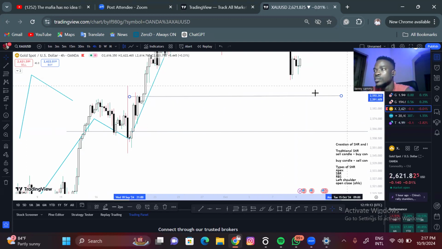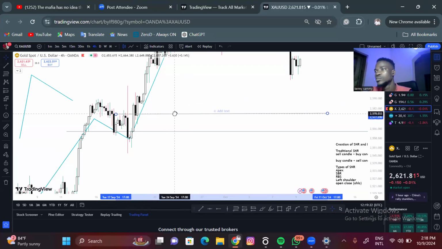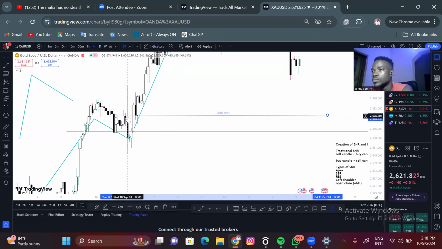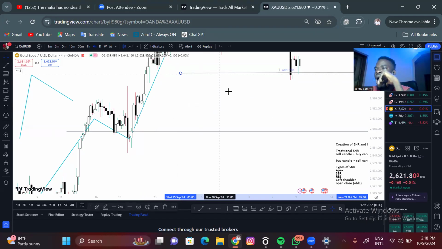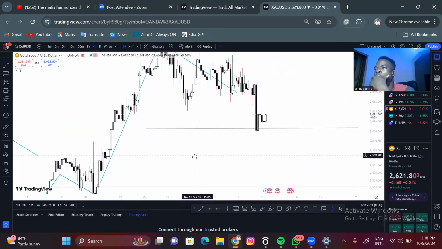Even if it's going to break it, we might see some reaction from it, and there are different levels of RBS. We have RBS here as well. RBS here. So resistance broken, turn support. Okay, we already have this as an example. So let me look for something else.